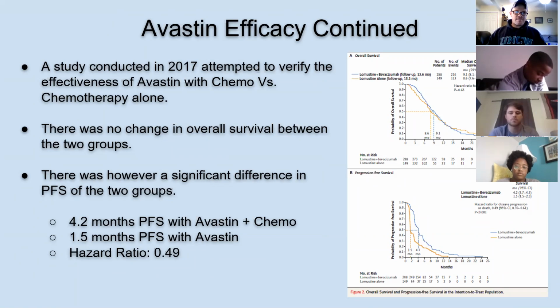I put a typo, I guess. So there is a significant difference for whatever reason. Avastin helps delay that initial progression, but it's not really affecting the overall survival later on.